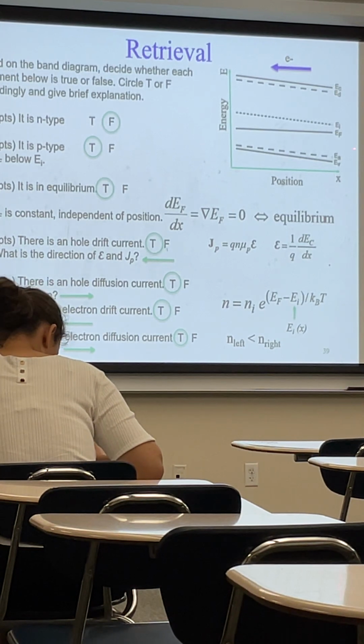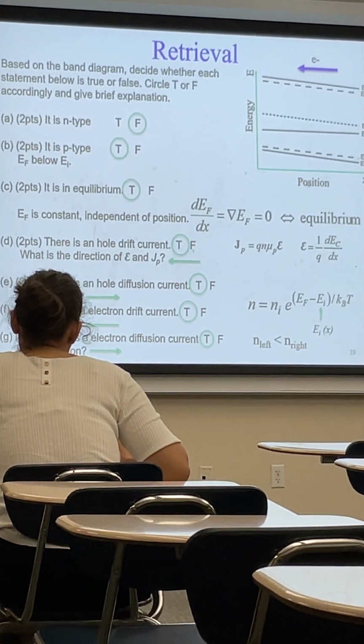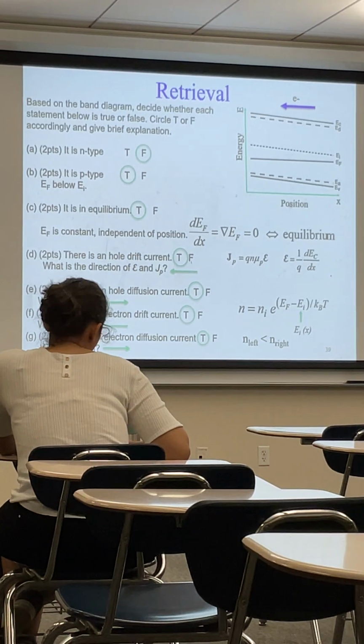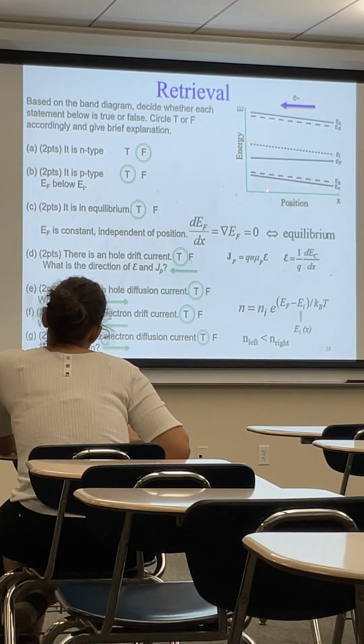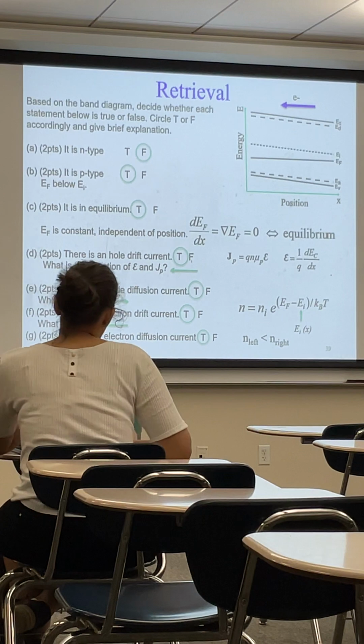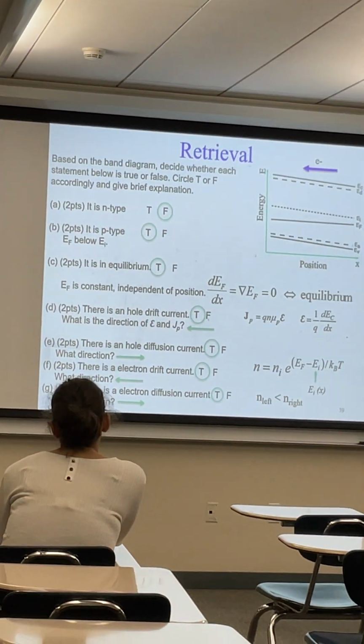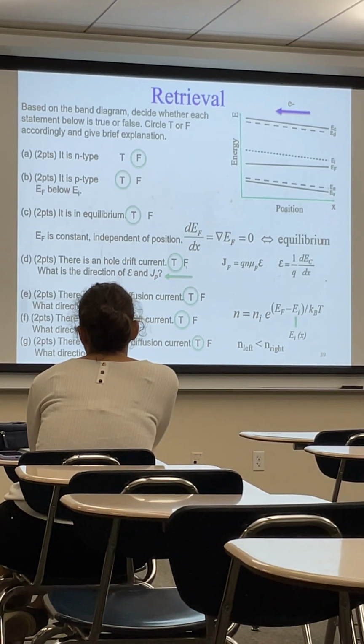Electrons or holes always move from the high concentration region to the low concentration region. So electrons are moving to the left, and the corresponding electron diffusion current will be along the opposite direction because electrons are negatively charged. So the electron diffusion current will be pointing to the right. Any questions about this?